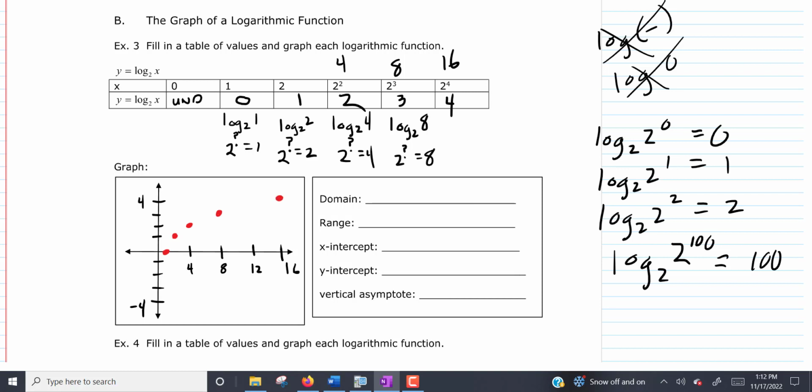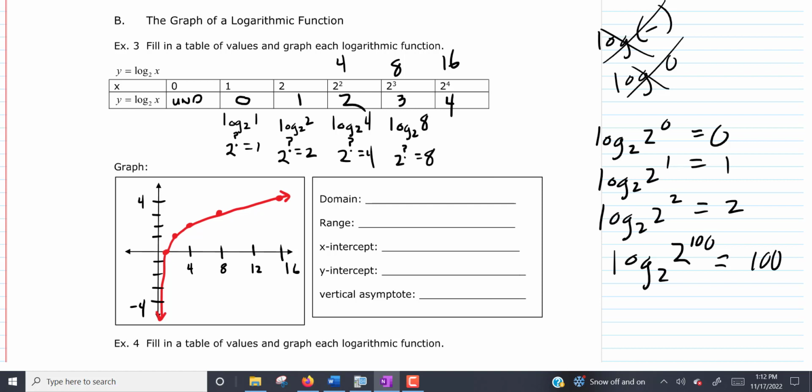I'm just plotting the points like that, and then your graph is going to go like this. If you connect these dots, it goes through them. The graph is going to level off, but it's never going to go completely flat. It's always going to increase forever. The y-axis acts as a vertical asymptote, so you want to make the graph go down towards the y-axis.